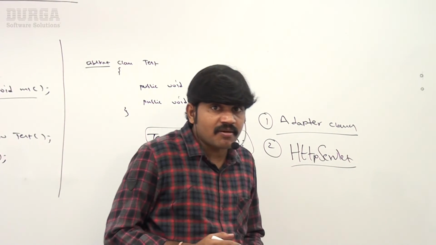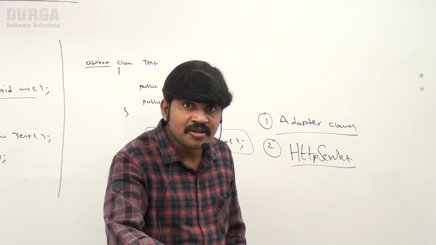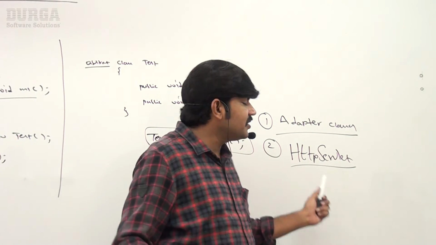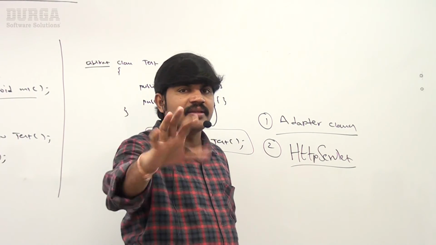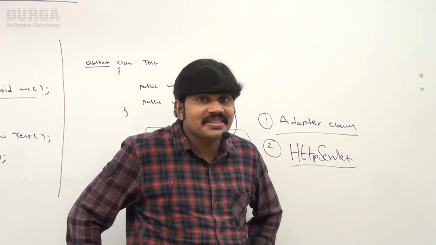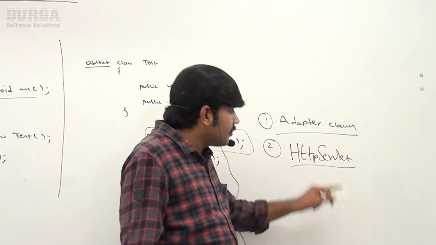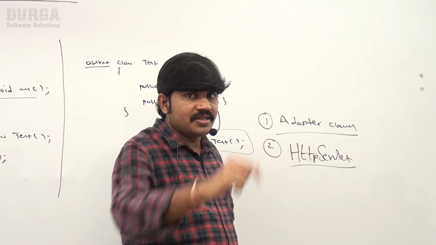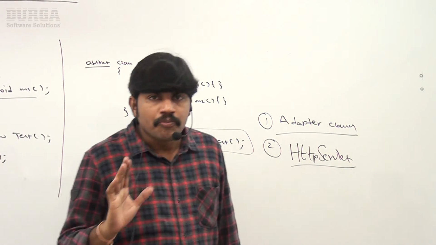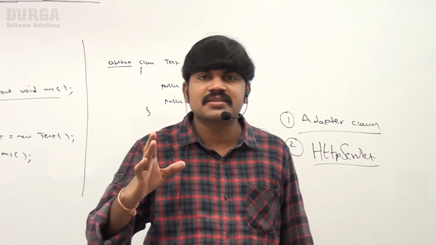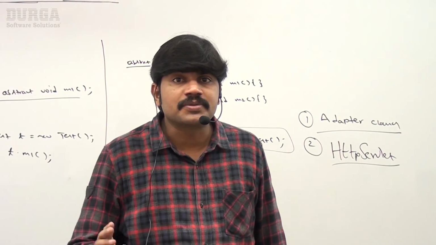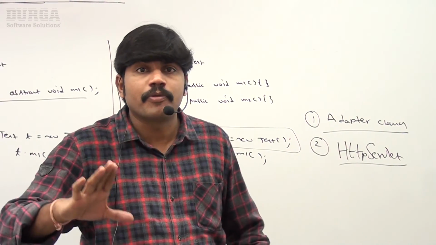This HttpServlet is an abstract class, but its specialty is that it doesn't contain any abstract method. HttpServlet is the best example: it doesn't contain any abstract method, still it is an abstract class. So an abstract class can contain zero abstract methods also, no problem at all.